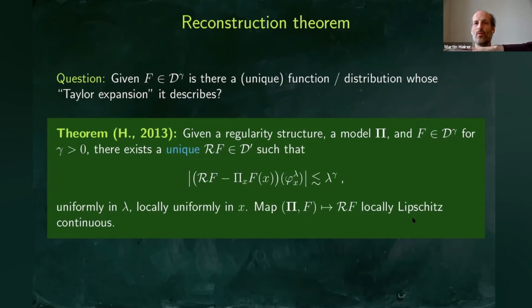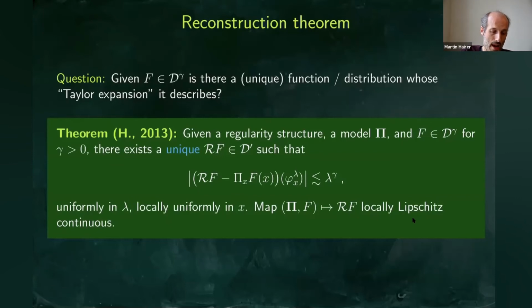I subtract these two distributions, and if you are C gamma, then by definition you would want to say that the difference between the function and its Taylor approximation is of order gamma. And that's what it says here. So there exists an actual distribution, so that if I compare it to its Taylor approximation, and then test it against one of these approximate alpha functions, I get something which is of order gamma. And this is again uniform in lambda, uniform in phi, locally uniform in x.